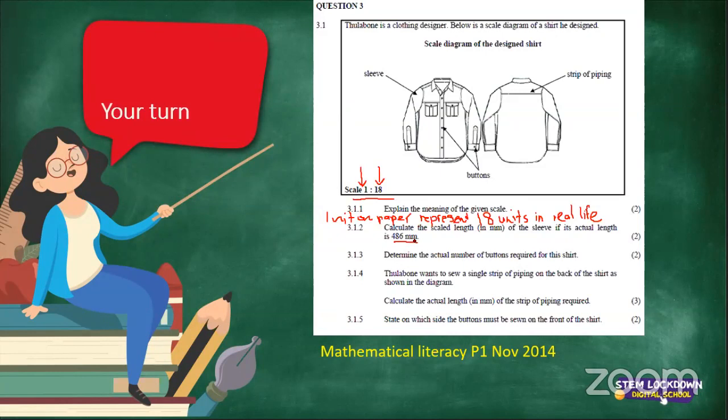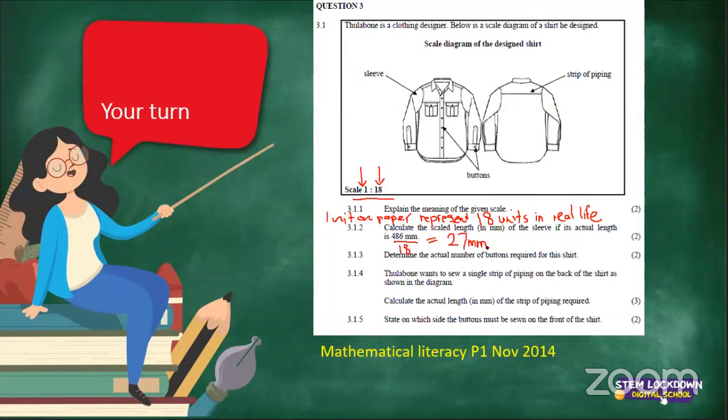It will be 486 millimeters divided by 18. On paper, the distance is 27 millimeters, which is about 2.7 centimeters, so it should be small.